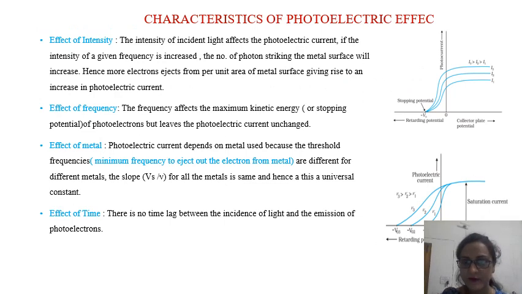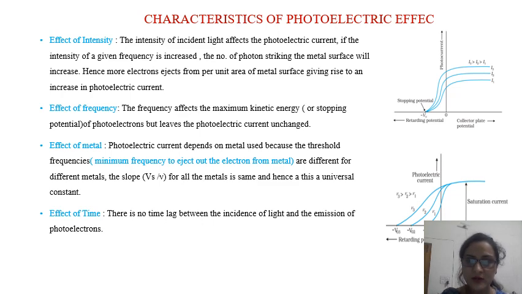Characteristics of the photoelectric effect. There are some characteristics of the photoelectric effect. The first one is the effect of intensity. The intensity of incident light affects the photoelectric current. If the intensity of a given frequency increases, the number of photons striking the metal will increase.